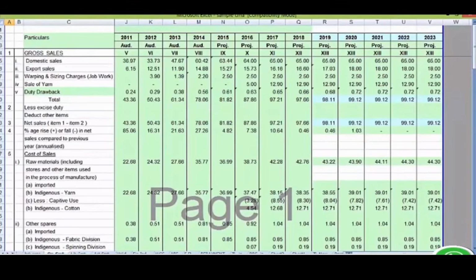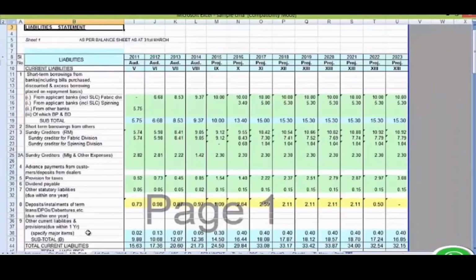The second input sheet is the liability statement, where you will be giving all the information about the liabilities. The audited column is picked up from audited financial statements, and all these estimates and projections are given by the customer, what he is planning for the future.